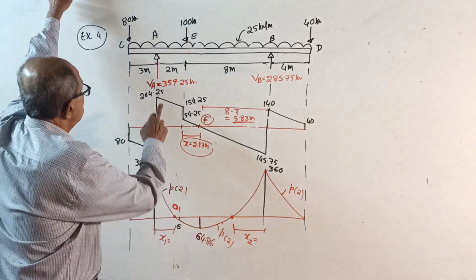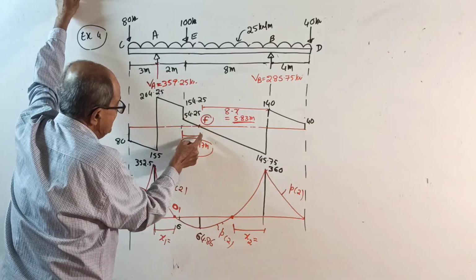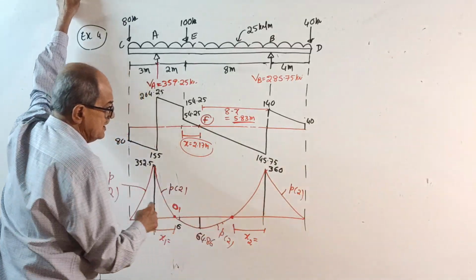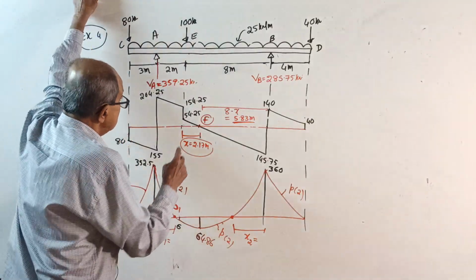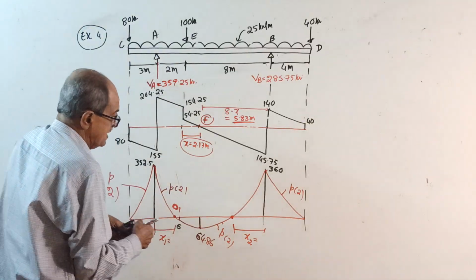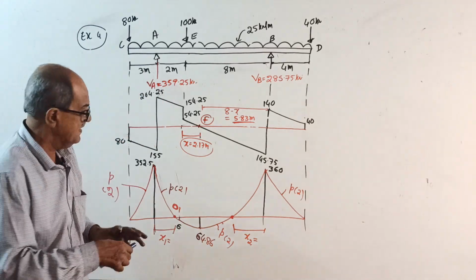Okay, now find the reactions, draw SFD, see it will cross the baseline here, locate the point, then draw the BMD, show all the calculation. Now 2 points of contraflexure will come. One of them I will call O1, other is O2.